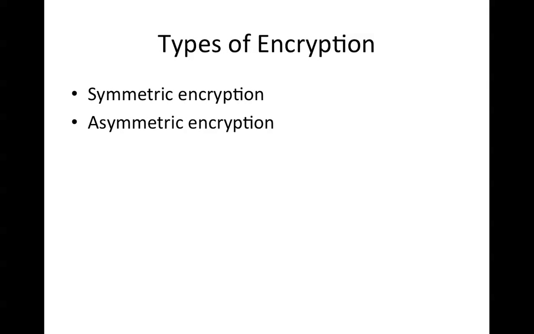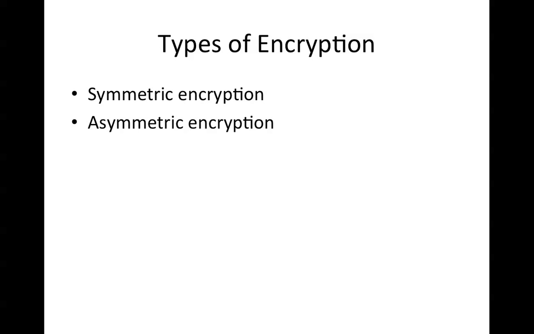So let's just say that there are two types of encryption as a broad classification. We have symmetric encryption, where information is encrypted and the keys are shared by all the parties completely. And once the keys are captured by an adversary, then the security system is broken, and therefore information is compromised.